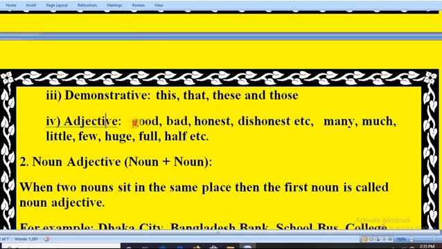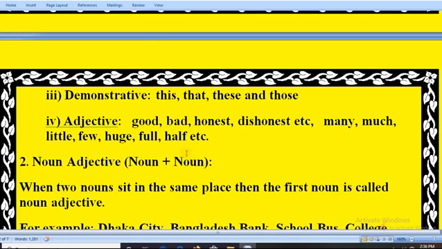Okay, now adjective. What is adjective? You know, adjective adds something new about a noun or pronoun, right? Extra information about a noun or pronoun, that is adjective. Good, bad, honest, dishonest, many, much, little, few, huge, these are all adjectives, right?